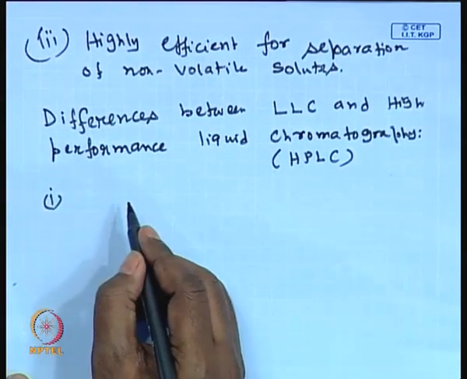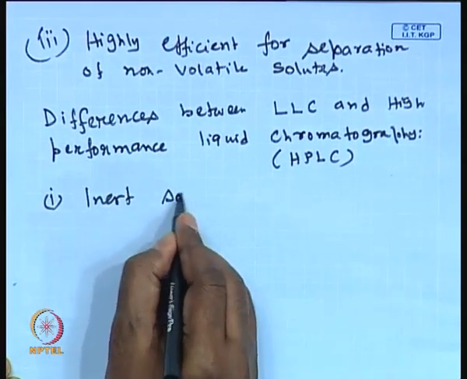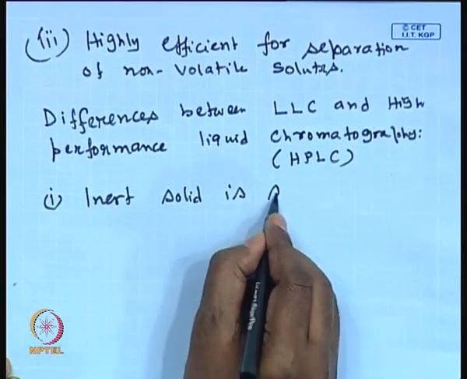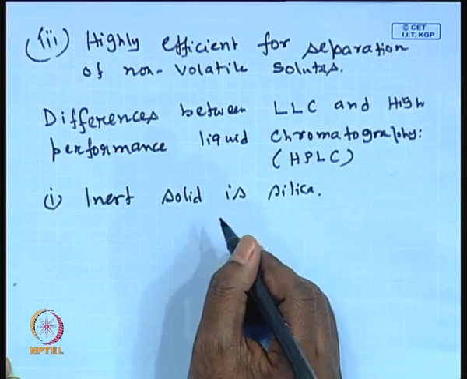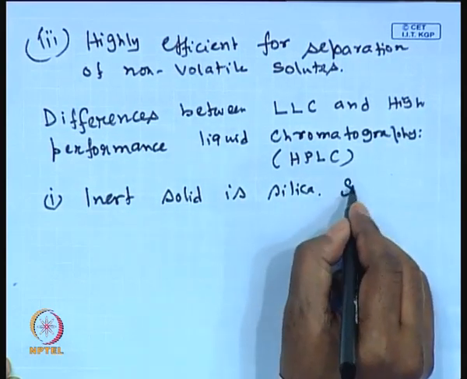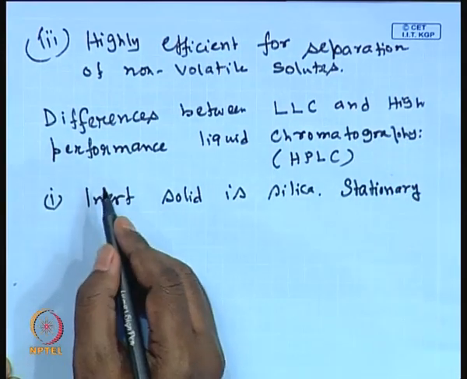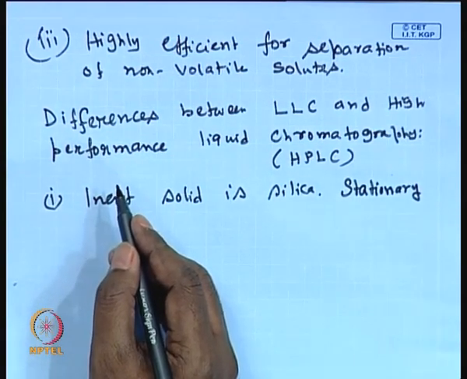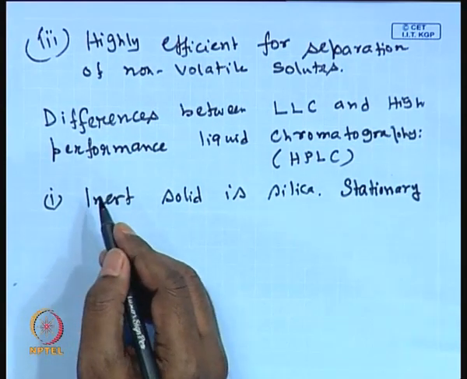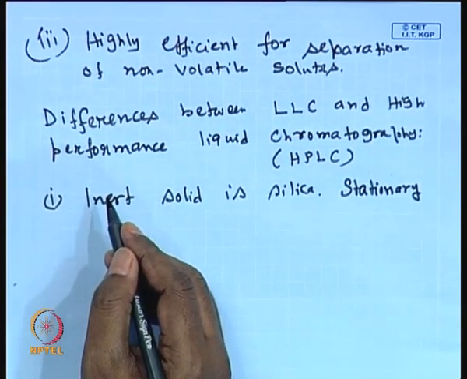The first difference is the inert solid is silica in both the cases. Stationary liquid phase is chemically attached to the solid. So, this is basically column characteristic. These materials are inbuilt within the column. When you are purchasing the column, the whole column contains this solid as well as the embedded liquid along with it. Okay. So, you are not doing anything basically. You are passing the solute along with the solvent through the column.